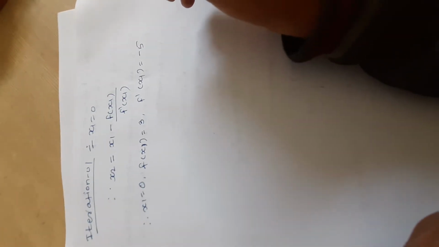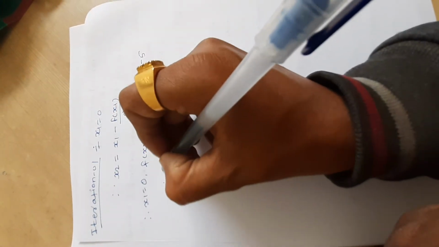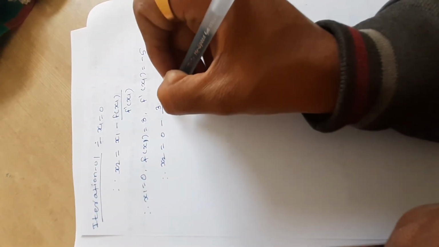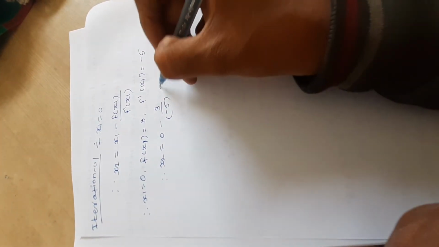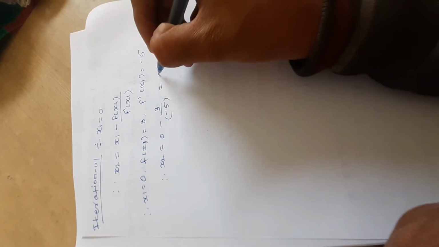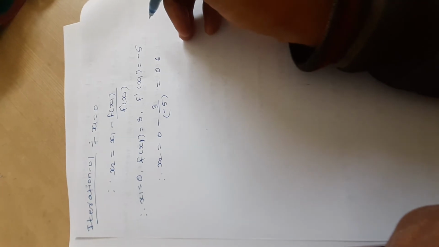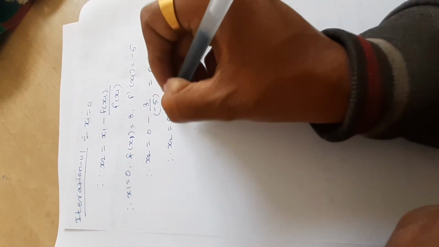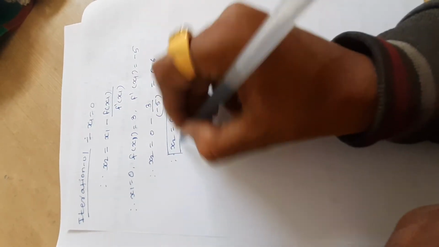So put these values into this equation, we will get x2 equal to 0 minus 3 upon minus 5, that is equal to 0.6, means we will get x2 is equal to 0.6.